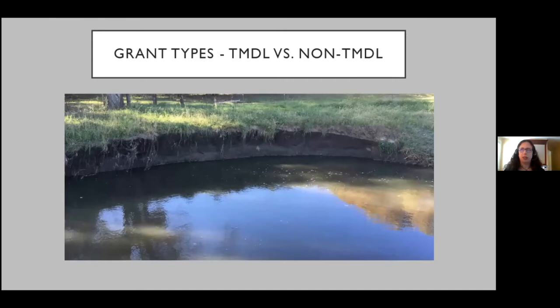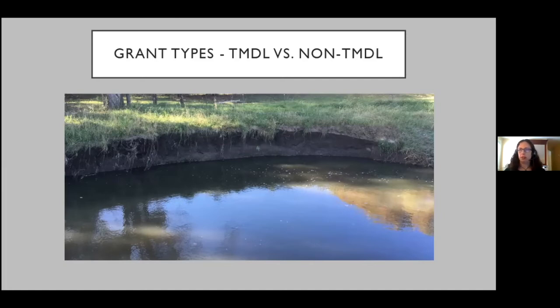So let's consider a scenario in which stream bank erosion is not caused by noncompliance, such as unlimited animal access, but rather by changes in the watershed hydrology due to agricultural land use in the upstream watershed. There's no performance standard that addresses erosion due to upstream changes in hydrology, even though this can be a significant pollution source.